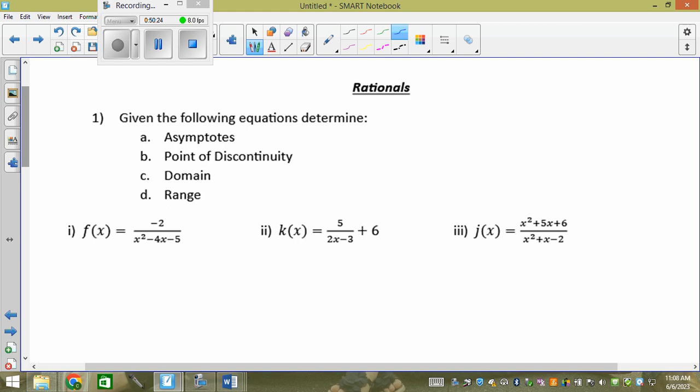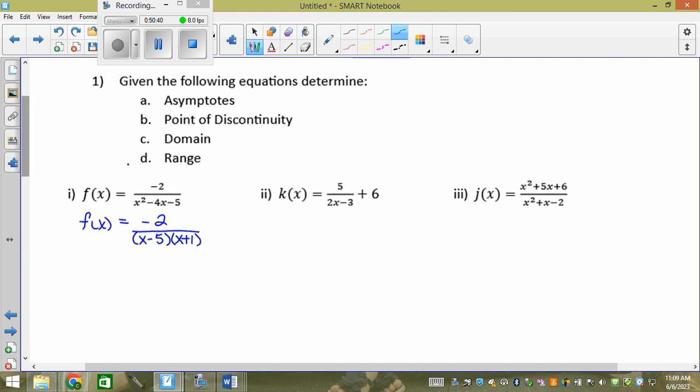So this one's full fraction over full fraction, so I have to use full fraction rules. So I'm going to get -2 over x minus 5, x plus 1. Anything cancel? What are my NPVs? 5 and -1. If they don't cancel, they're both vertical asymptotes. Remember, if they cancel off, they're points of discontinuity; if NPVs don't cancel, they're vertical asymptotes.